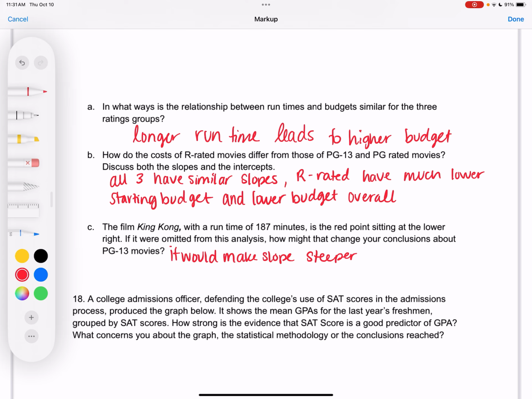And what we would probably conclude then is that the cost per minute of PG-13 was greater than the others.